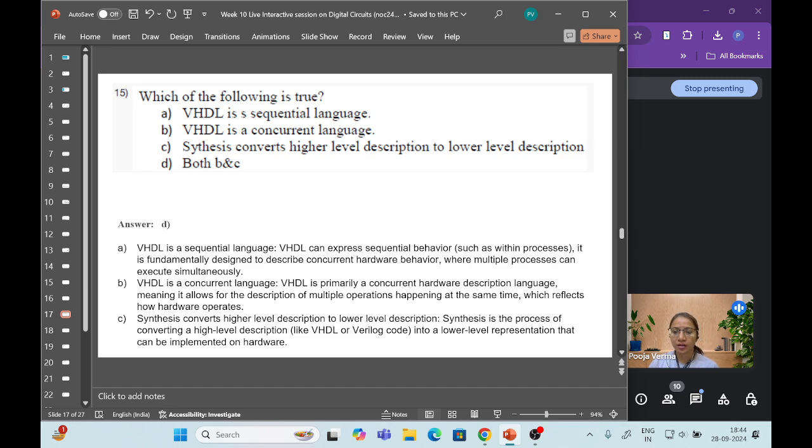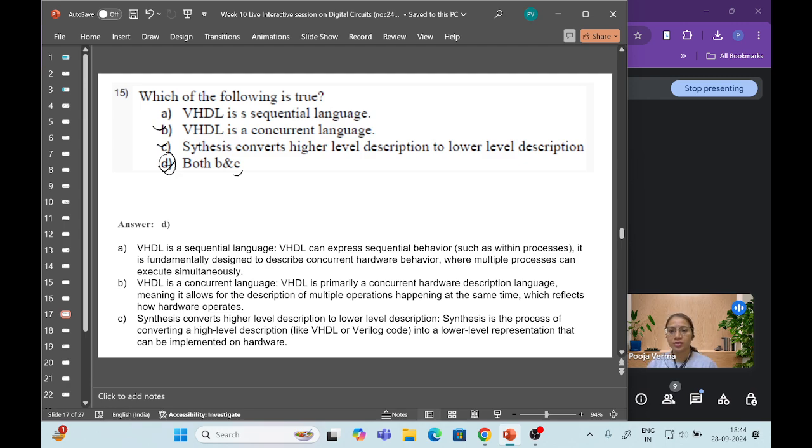Now the next one: synthesis converts higher level description to a lower level description. Synthesis is the process of converting a high level description into a lower level description that can be implemented on hardware. So options B and C are both correct, and option D, both B and C, is the correct answer for this question.